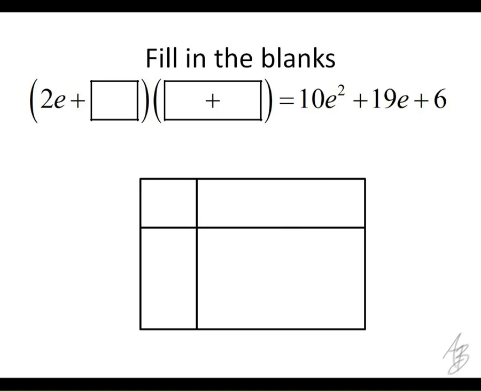Well, if you remember in our opener today and the problems we've been doing like this, the middle term we got by combining like terms, right? So this 19e we're actually going to get by adding 2 boxes together. Which boxes are we going to add together to get that 19e?